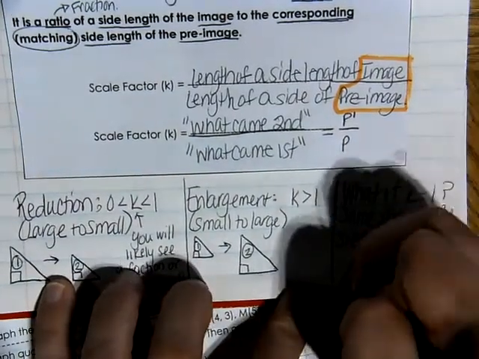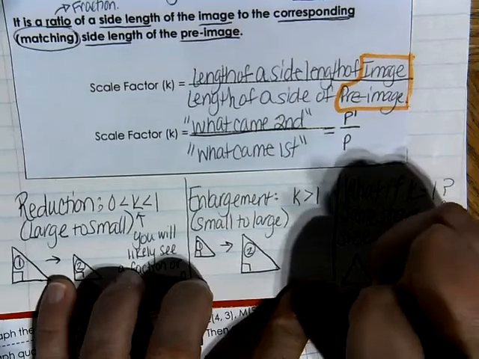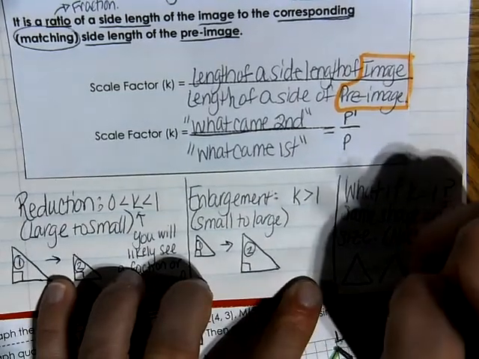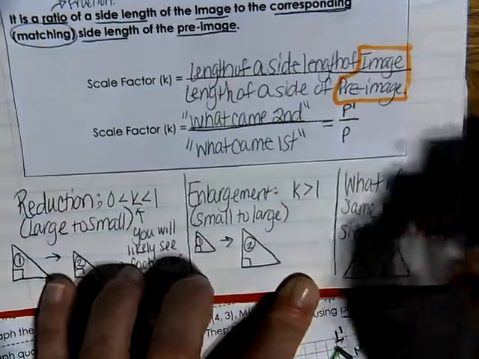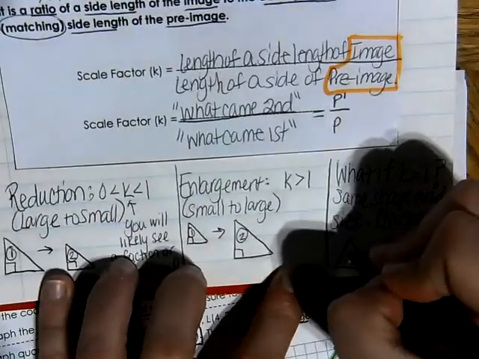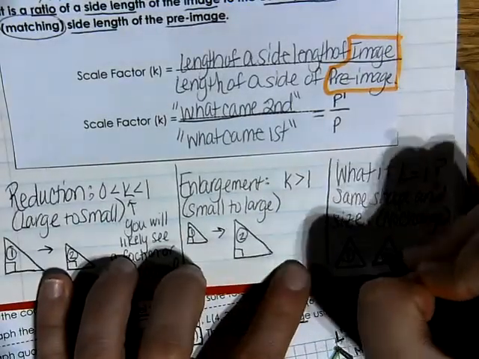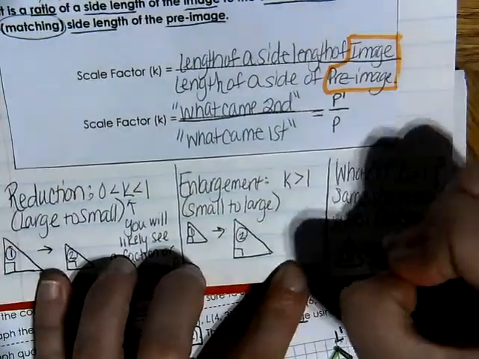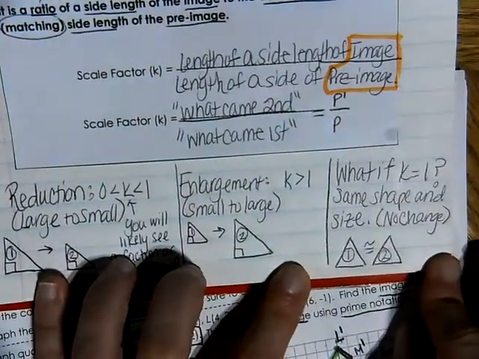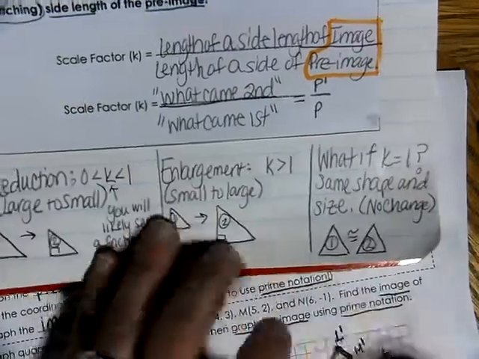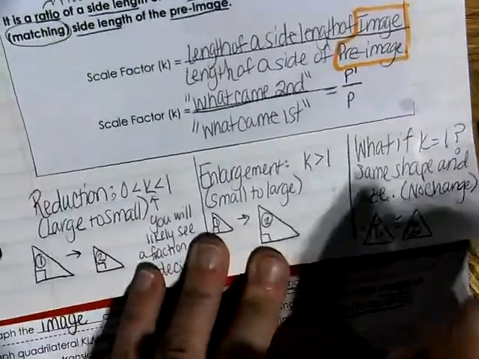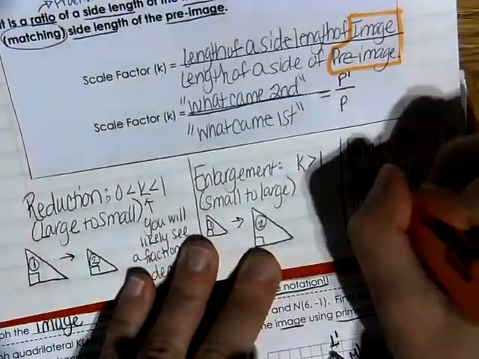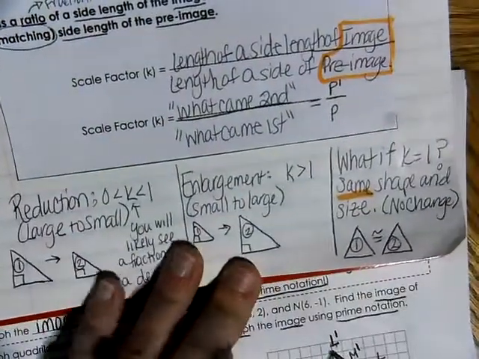So you're talking about two figures that are exactly the same in every way, shape, and form. They are essentially congruent to each other. So there is no change, and the size and the shape are going to be the same. That's what it means if k is equal to 1.